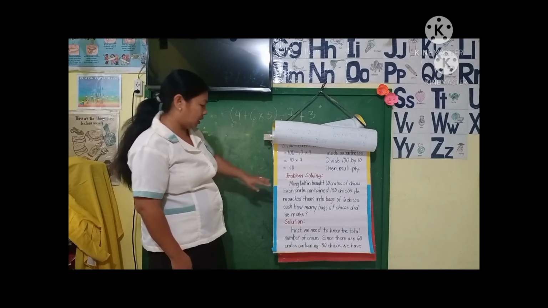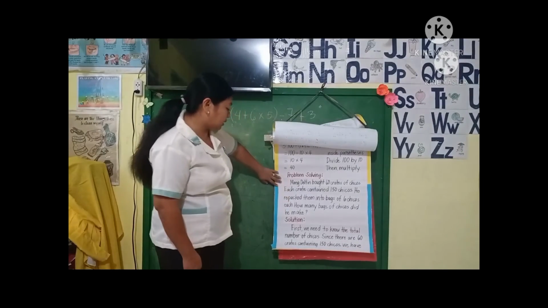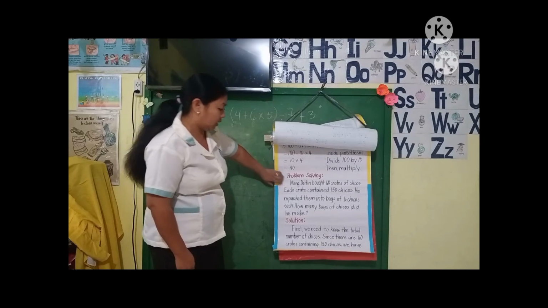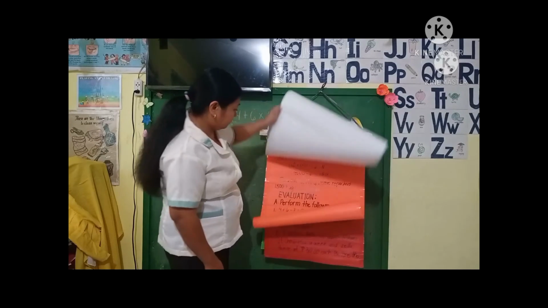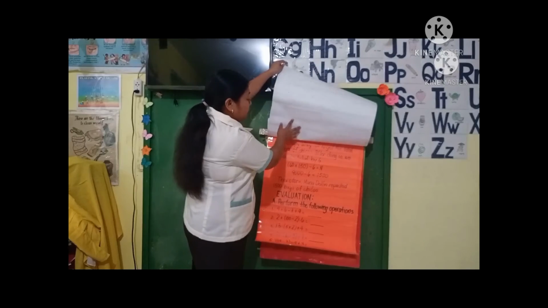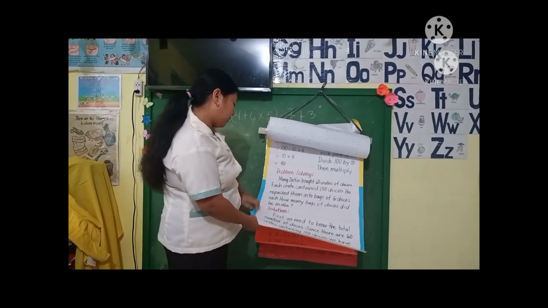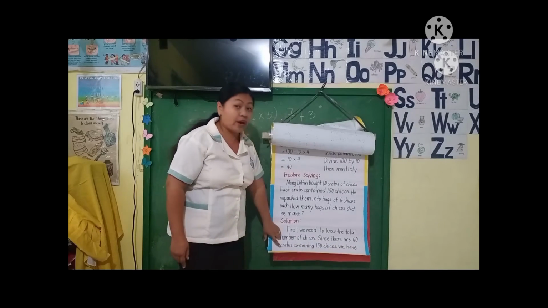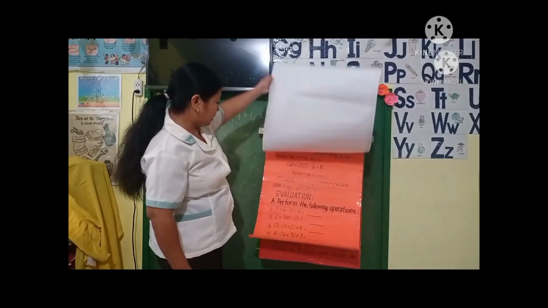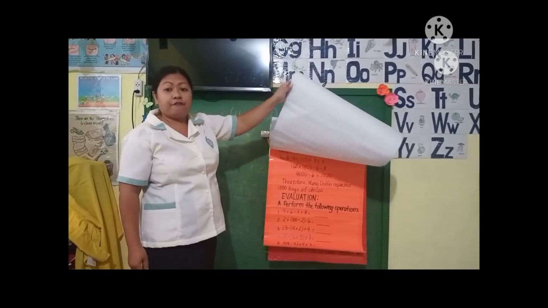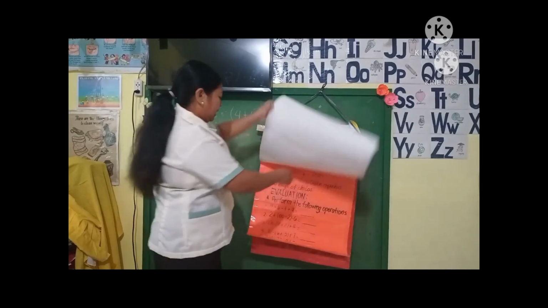Since there are 60 crates containing 150 chicos, we have to multiply 60 crates by 150.